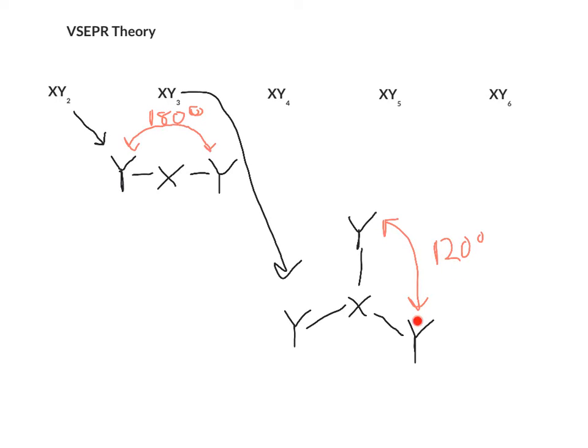So 120, another 120, another 120: 120, 240, 360. So this bond angle minimizes the repulsion felt by these bonds. These two, the linear geometry and the trigonal planar geometry, are two-dimensional in that they are flat.